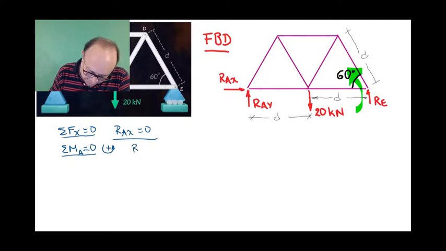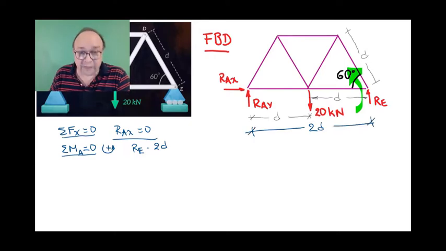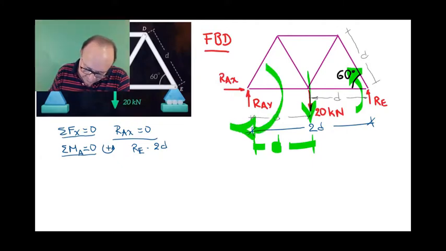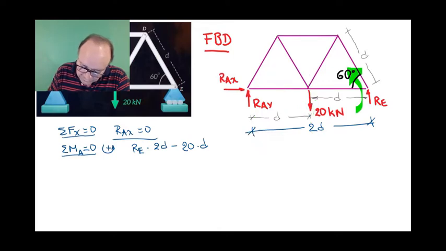It will be RE times 2D, the total distance from here to here is the lever arm for that force with respect to point A. The other force, the 20 kilonewtons force, is at a distance D from point A, and that produces a moment in this direction, so it will be negative according to our convention. So this will be minus 20 times D, and no more forces in that direction.